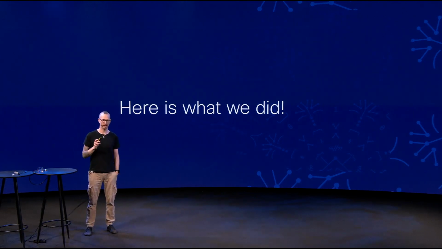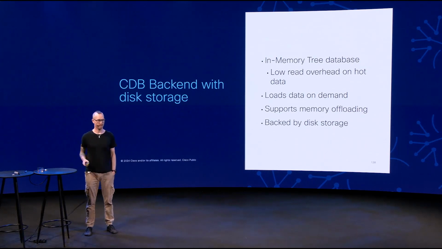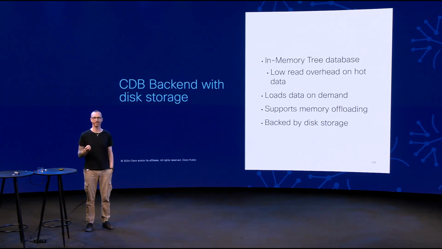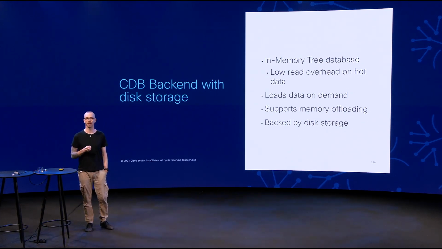So what did we do about this? How did we make this any better than it is today? We still have the in-memory tree as before. It's proven, it works. We still want to keep the low read overhead.